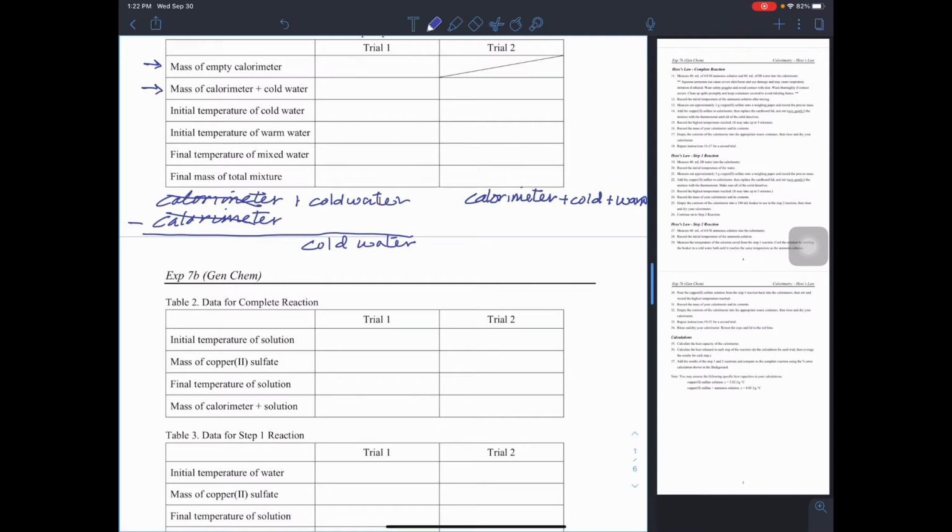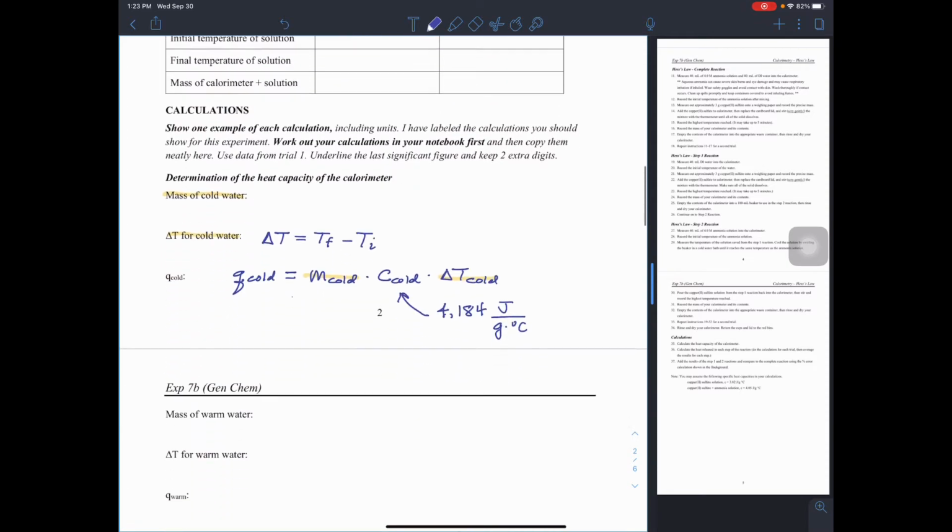I want the mass of just the warm water. So what I want to do is subtract the mass of the calorimeter and the cold water. Calorimeter plus cold water. And when I subtract those, this minus this is 0, this minus this is 0, and I end up with the mass of the warm water. So that's how I'm going to find the mass of the warm water.